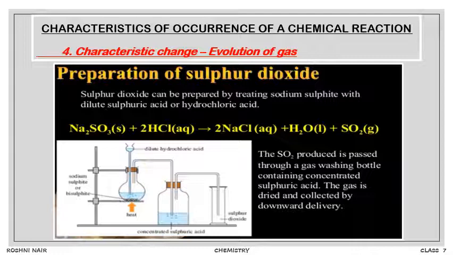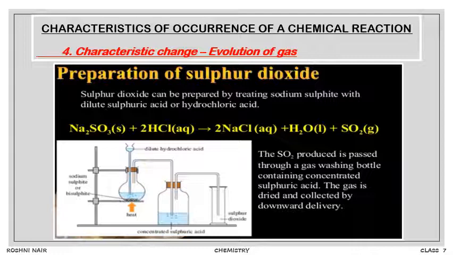Last reaction in our textbook, when you heat sodium sulfite, Na2SO3, again it is in solid form, in the presence of dilute HCl, we can say dilute hydrochloric acid. What are the products we are getting? We are getting NaCl, again in aqueous form, sodium chloride, plus H2O, liquid water, plus sulfur dioxide gas which is evolved.